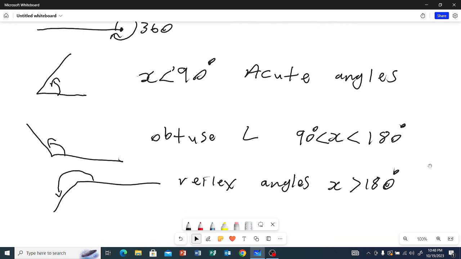Now, since you know the types of angles, I want us now to learn about a 2D shape. So the first shape that we're going to learn about is a triangle. The word tri means three.